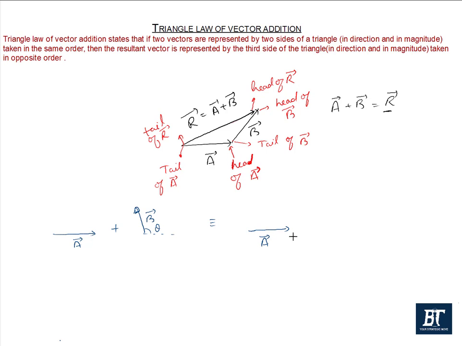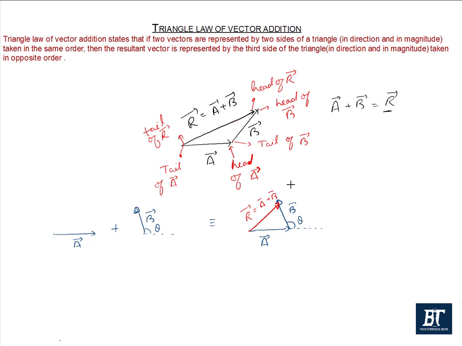So this is vector A, and from the horizontal direction B is making an angle theta. So here we have placed the tail of vector B over the head of vector A, and this third side will give us the resultant of these two vectors. So we have joined the tail of vector A to the head of vector B, and this is the resultant of these two vectors.